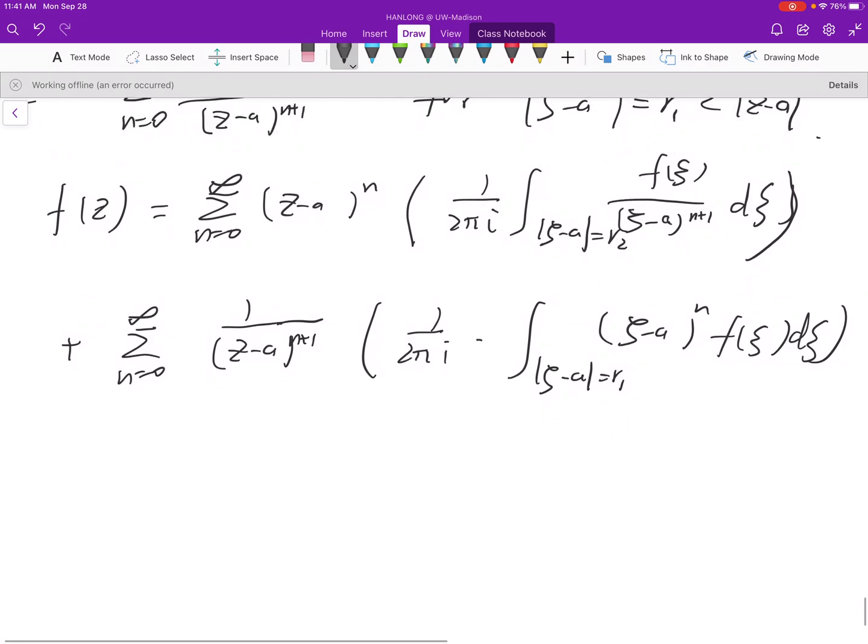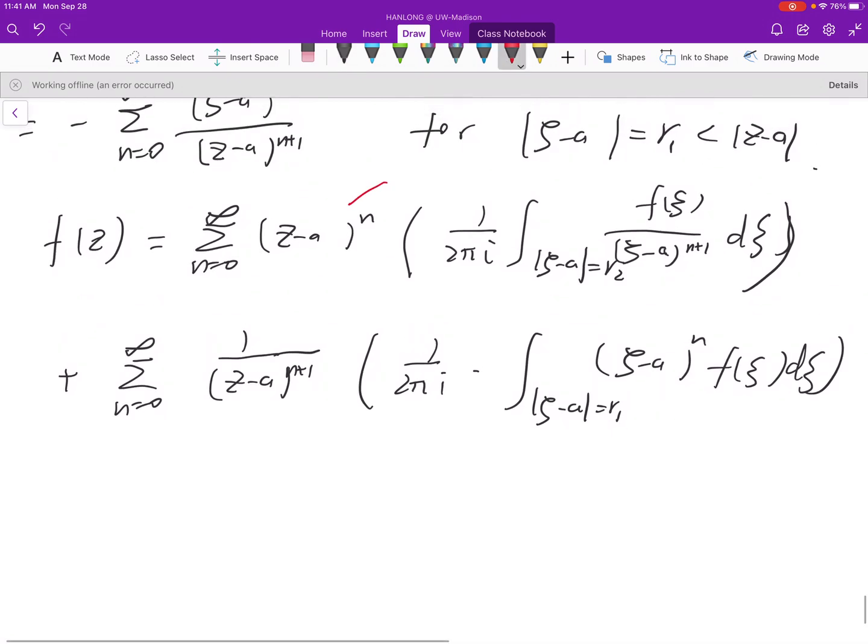So this is the positive part. This is the negative part.